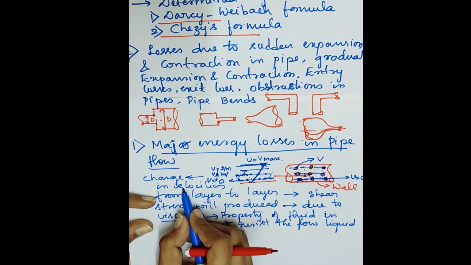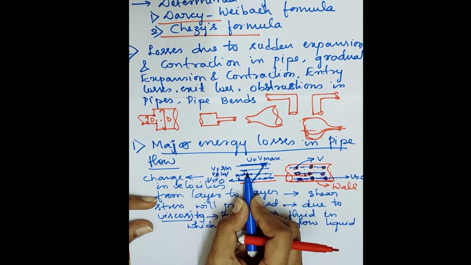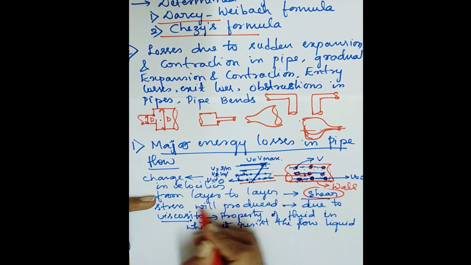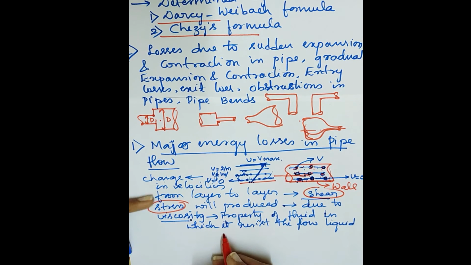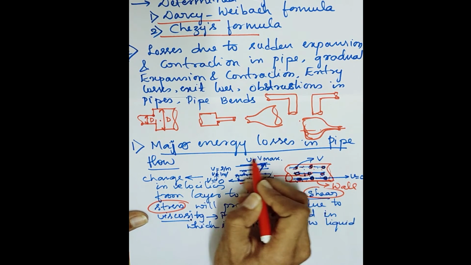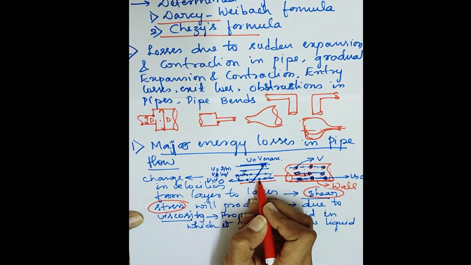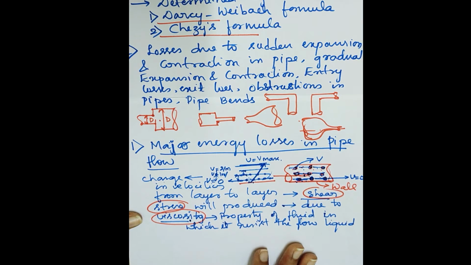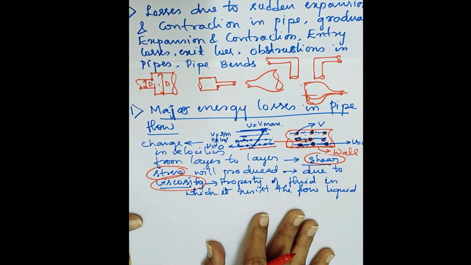As there is a change in the velocities from one layer to another layer, shear stress is going to develop within this entire liquid, and that stress is due to the property of the liquid which is viscosity.